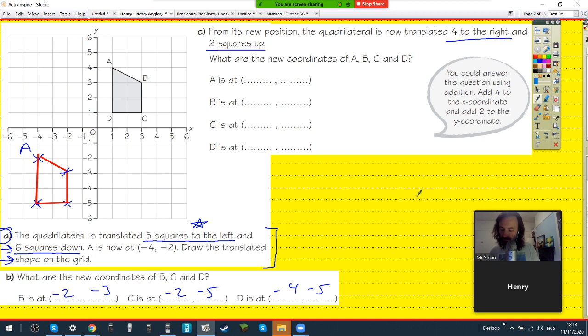So A is, how's A up there? Should be off the grid. No, from the new one. So it's 4 to the right and 2 squares up from its new position. So the red one is moved 4 to the right and 2 up.